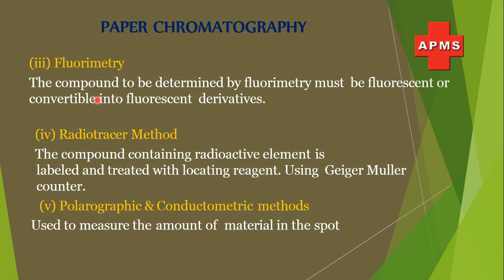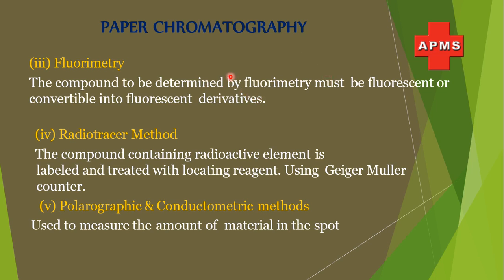Third is fluorimetry. The compound to be determined by fluorimetry must be fluorescent or convertible into fluorescent derivatives. So using a UV visible chamber, we can see the different colorless spots, and the fluorescent intensity will be directly proportional to the amount of that sample.